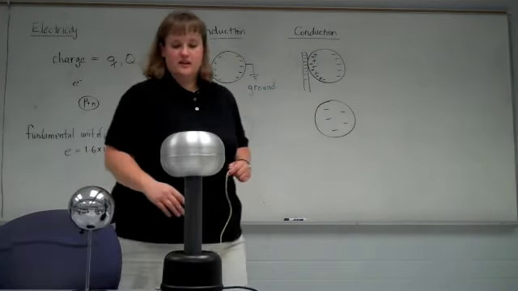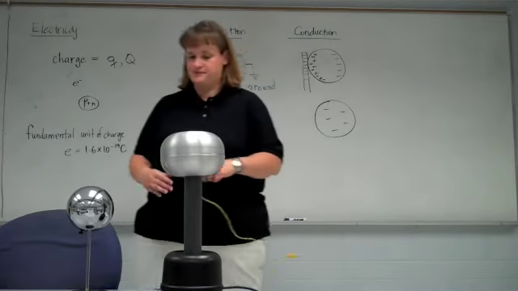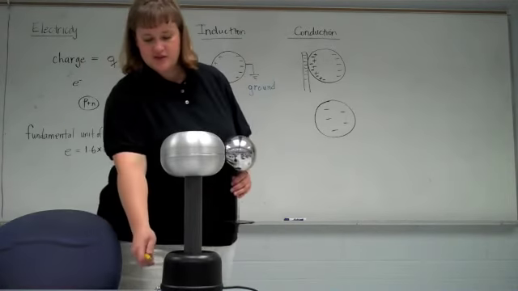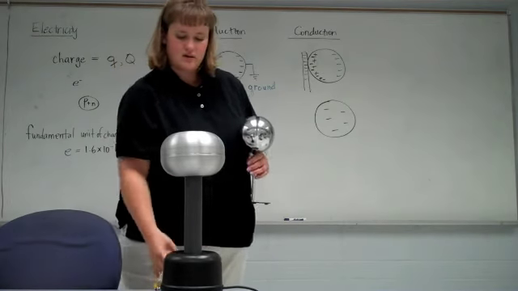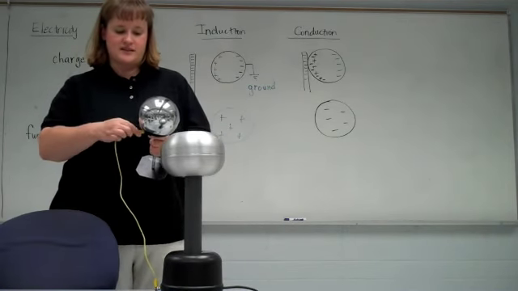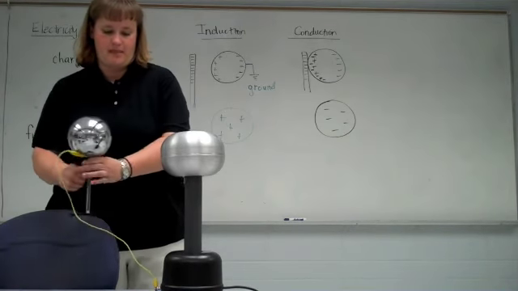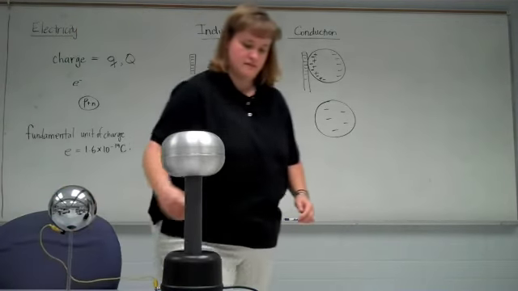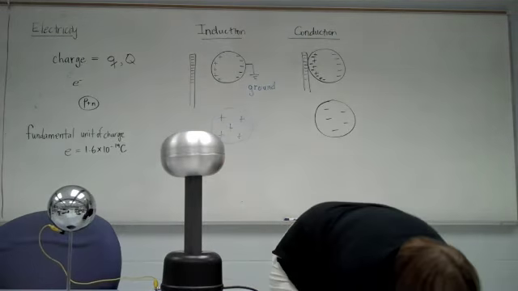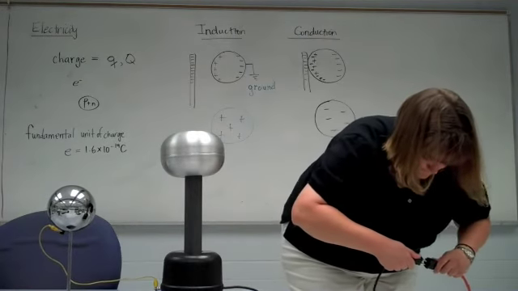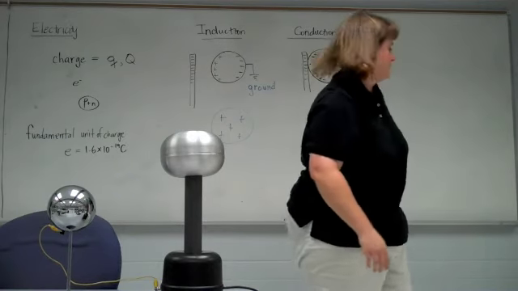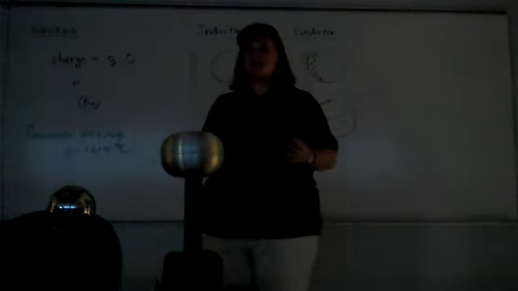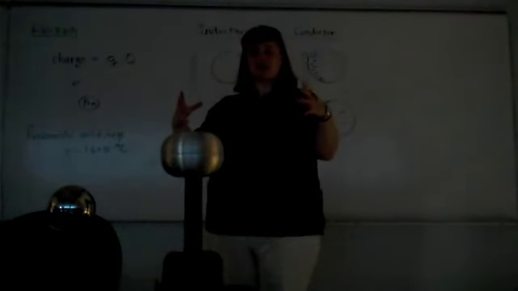Another fun way to look at it here. This little screw down here at the bottom is connected to the ground wire in the power cord. So I'm going to ground this sphere. And again, like I said, what's building up is an electric field.